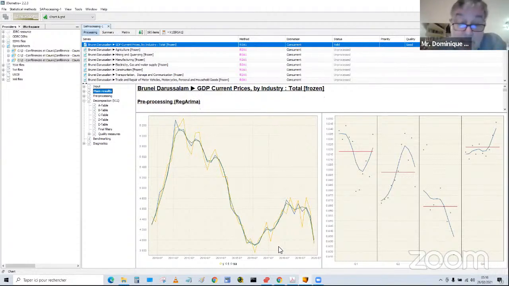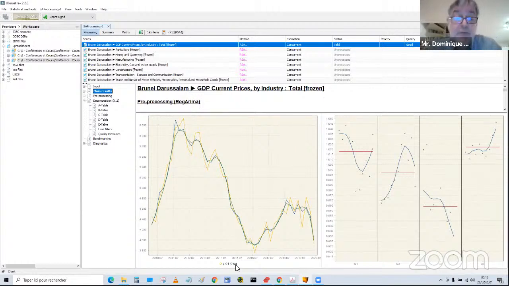It is possible. We use Y, T, and SA because you have to use something to explain the components in the software. Y is the raw data, T is the trend cycle, SA the seasonally adjusted series. You cannot change that.